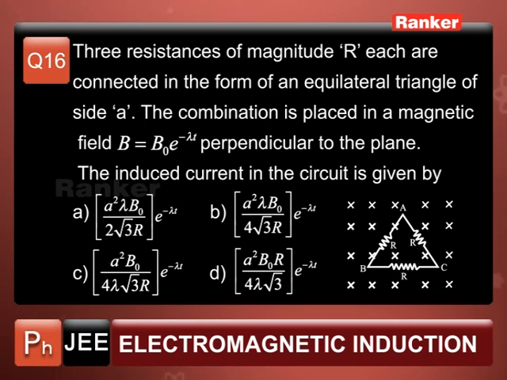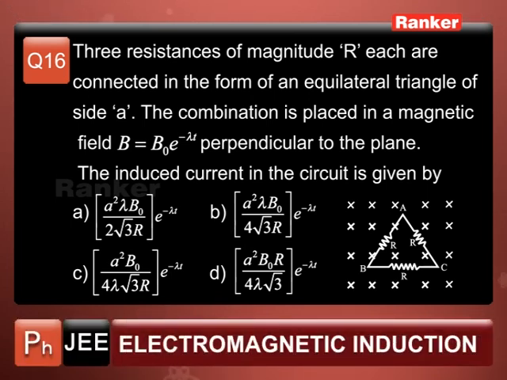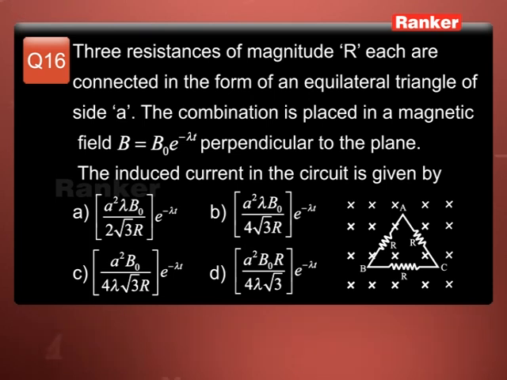Third option is a square B naught by 4 lambda root 3 R whole multiplied by e power minus lambda t. And fourth option is a square B naught R by 4 lambda root 3 whole multiplied by e power minus lambda t.